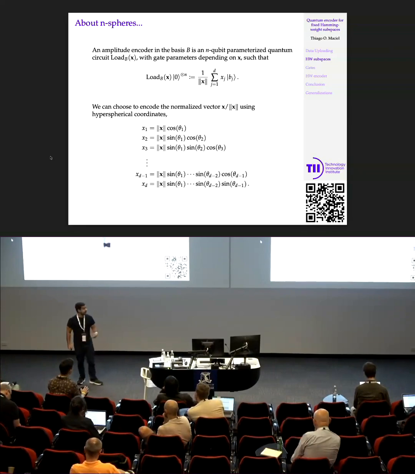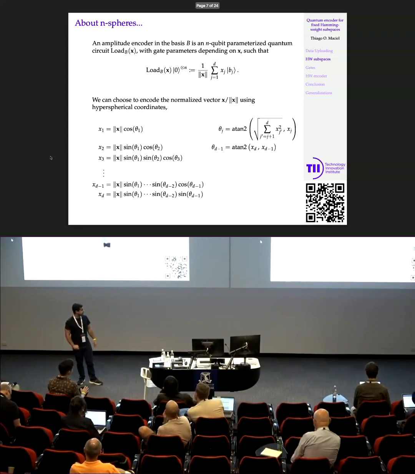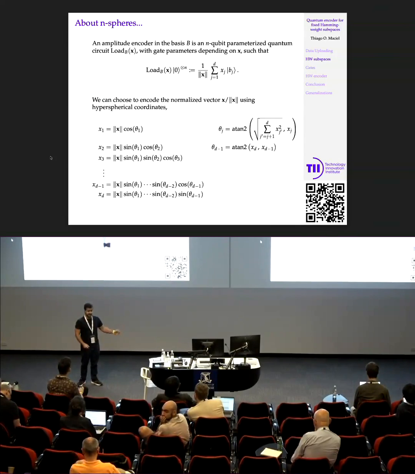The other important operational thing about this is that the inverse transformation is also simple. With a bunch of arctangents, we can move from angle representation to Cartesian representation very easily. So this is one plus of this operational scheme.